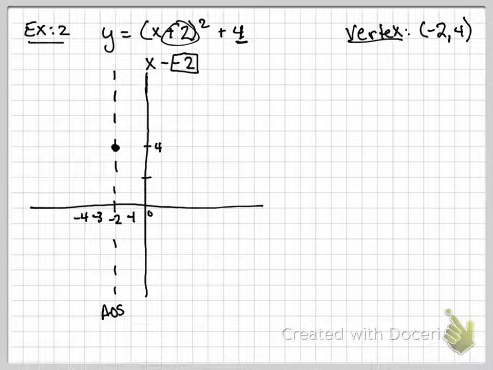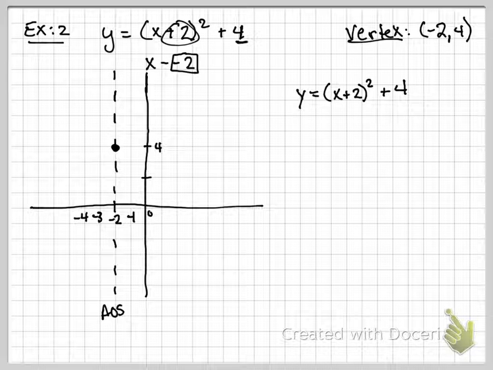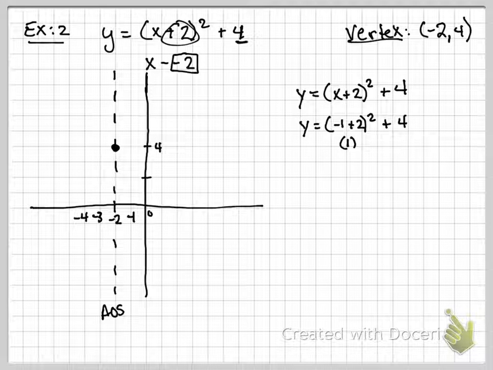Moving forward, let's see what happens when we plug something into our function (x plus 2) squared plus 4. Let's plug in -1. So when I plug -1 in, (-1 plus 2) squared plus 4. Well, -1 plus 2 gives me +1, squared, plus 4.